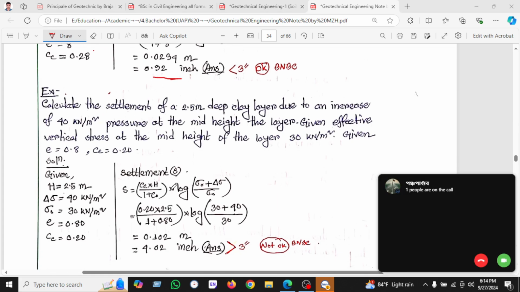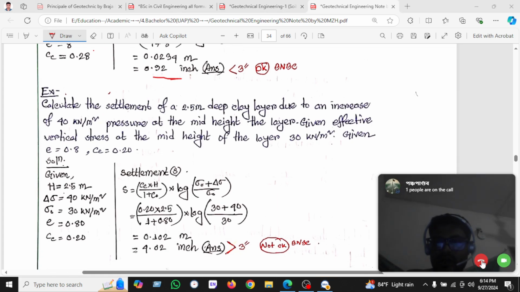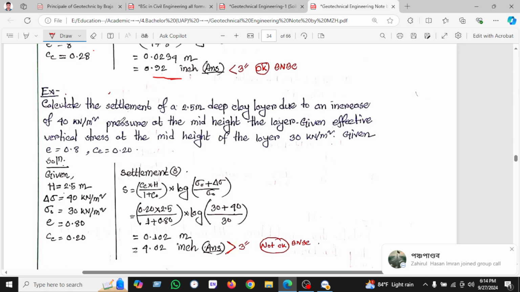So another formula we have seen here. They calculate the settlement of a 2.5 meter clay layer due to an increase of 40. So here is what is given. At first we have H, and the increased pressure, which is delta sigma, is given, and the pressure at mid height, and effective vertical stress at that height is 30.